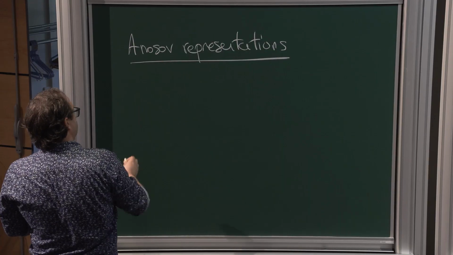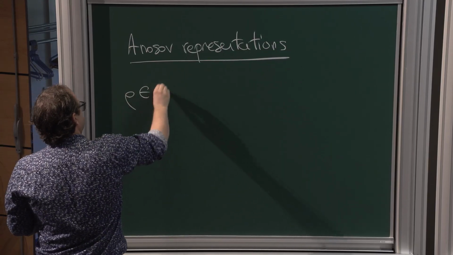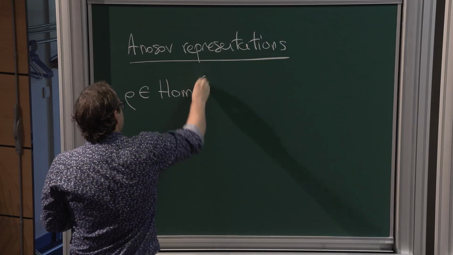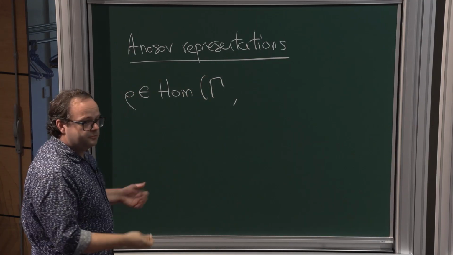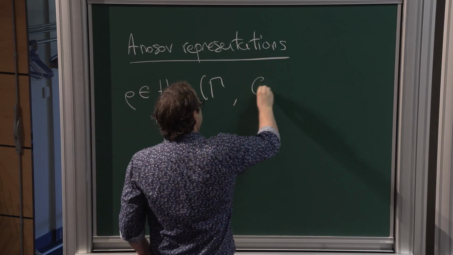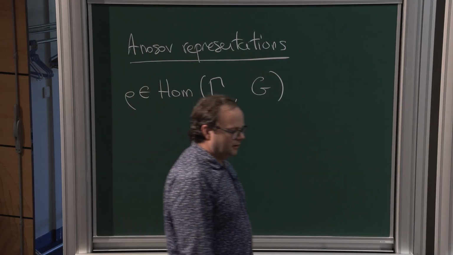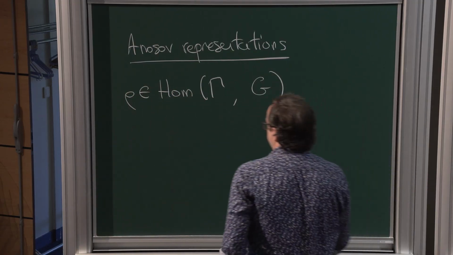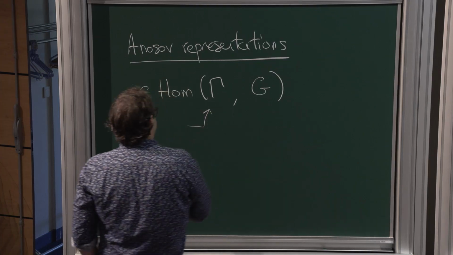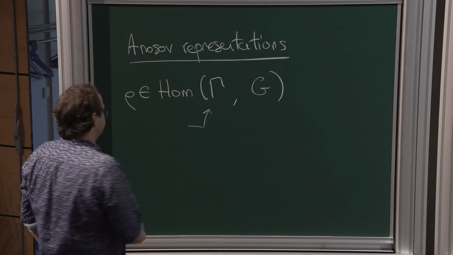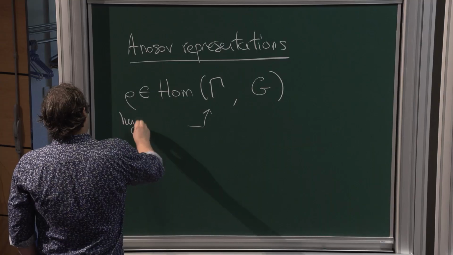So an Anosov representation will be a representation rho of some discrete group gamma into some Lie group G. And this discrete group will have to be a hyperbolic group. For definitions will come later, by the way. So this will be a hyperbolic group.